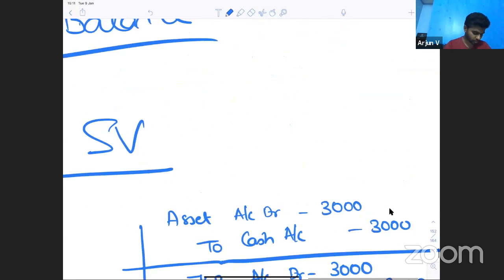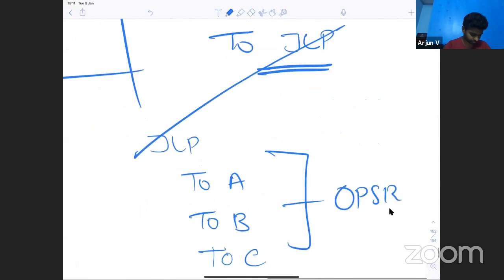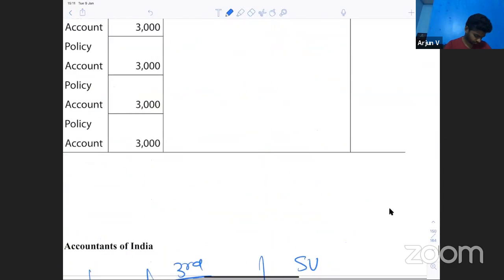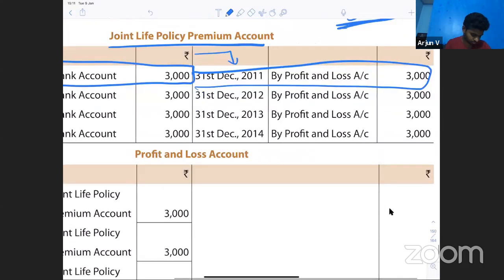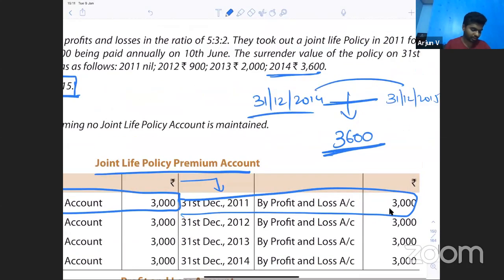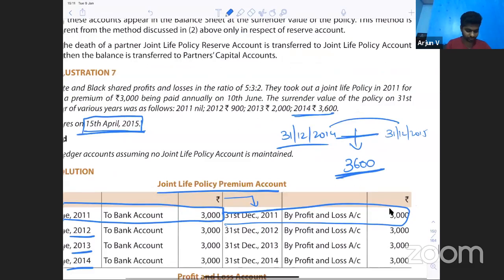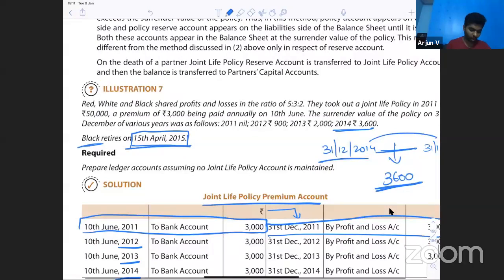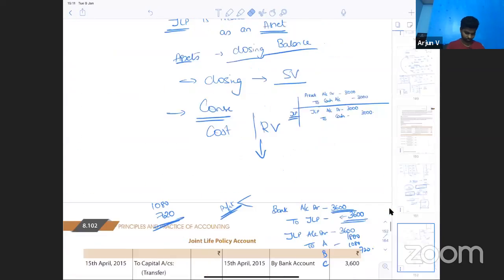Now see in this question, what is the surrender value for the first year? Tell me what is the surrender value. So guys, see that question. First year I paid 3,000.